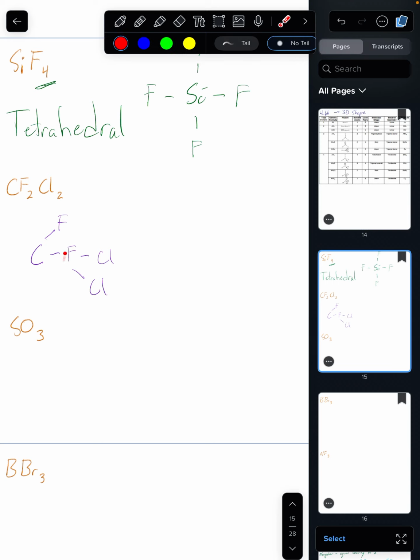But you gotta remember, it doesn't make them happy. It doesn't make these guys happy either. Okay? Both fluorine and chlorine want its 7. So it likes having only one bond and the rest of its electrons free.